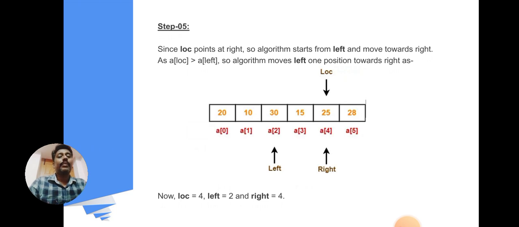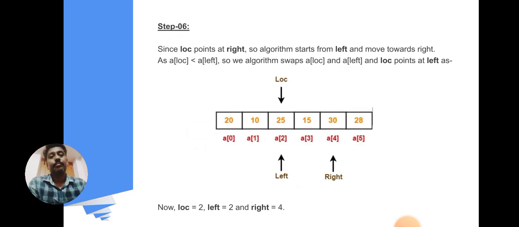Then we compare A of location greater than A of left. A of location value 25 is greater than A of left, so the condition is wrong, so we move the left one position towards the right.